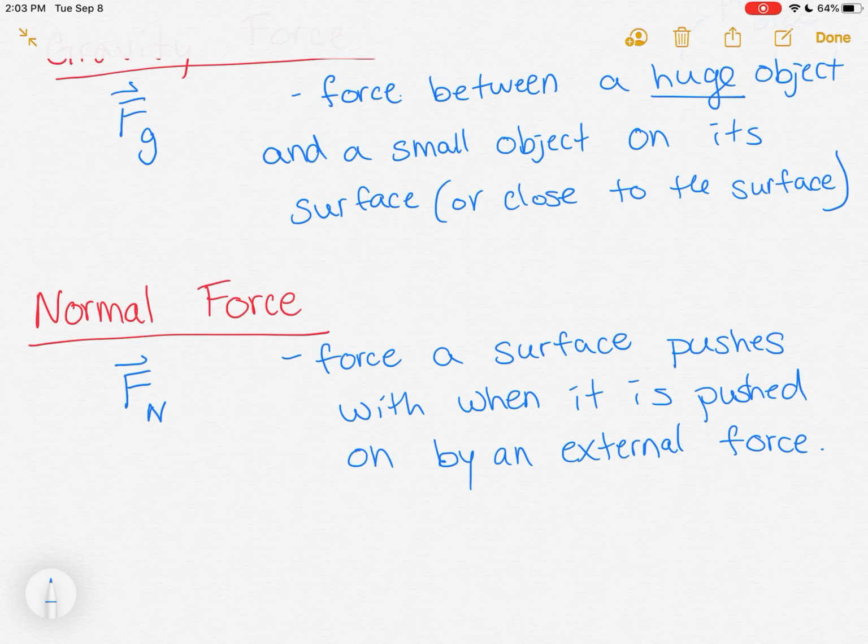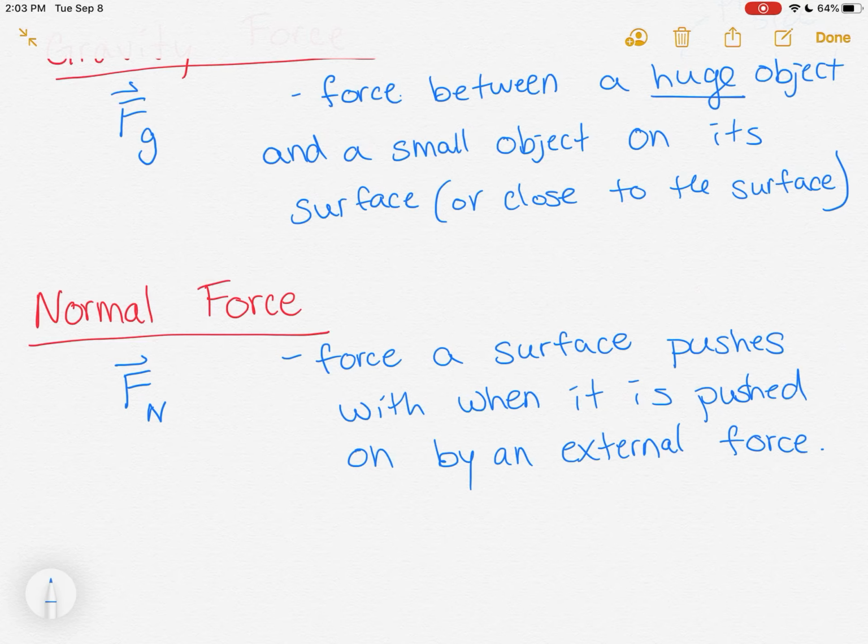All right, so a good example here is if we were to lay a textbook on a table, okay, a normal force is the amount of force that the table, which is the surface, will push up onto the textbook, which is the object that is pushing down on the table, okay?